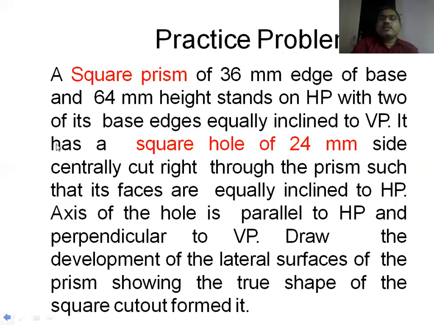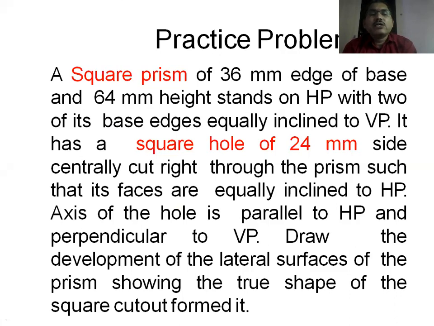So here you read the problem of that type. Let us read this statement. Square prism of 36 mm edge of base, 64 mm height, stands on HP with two of the base edges equally inclined to VP.